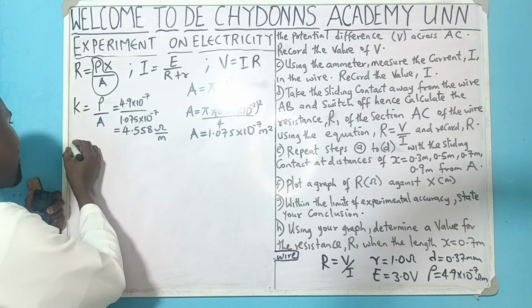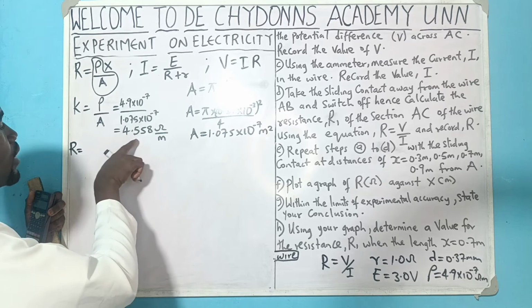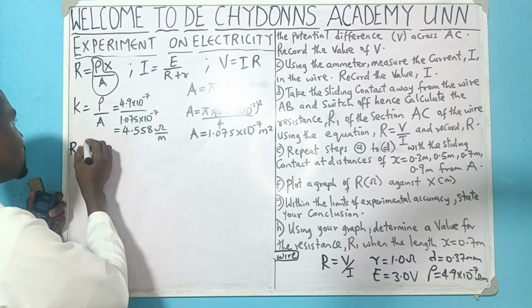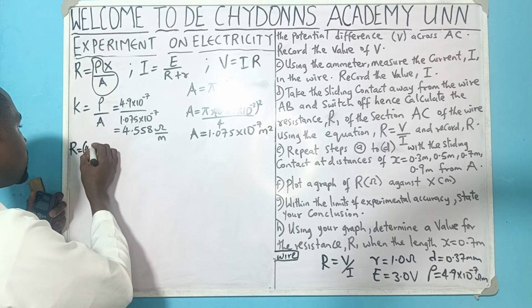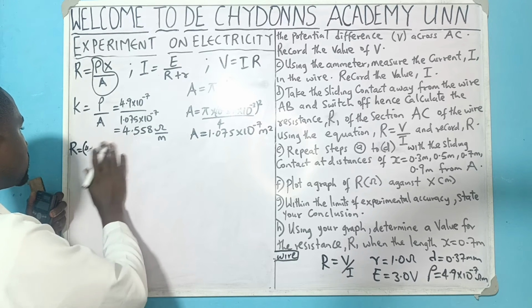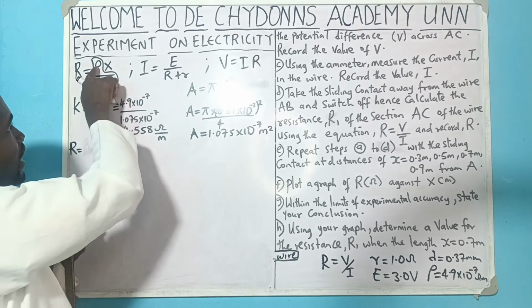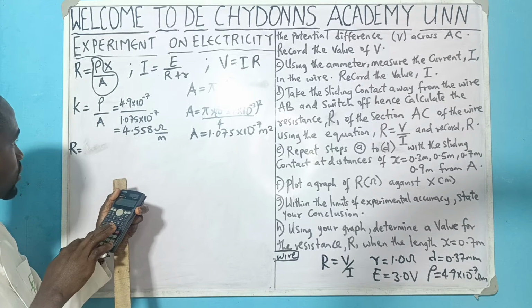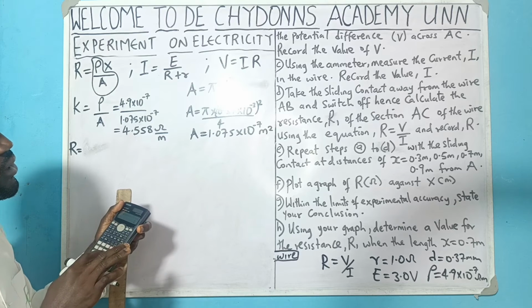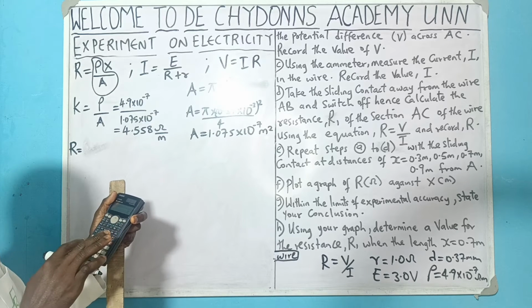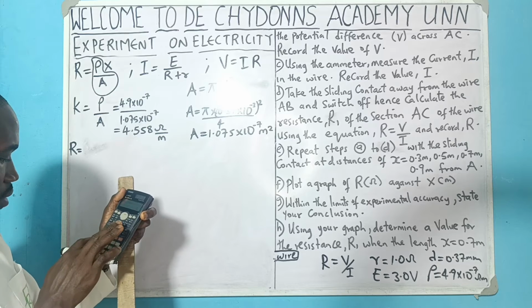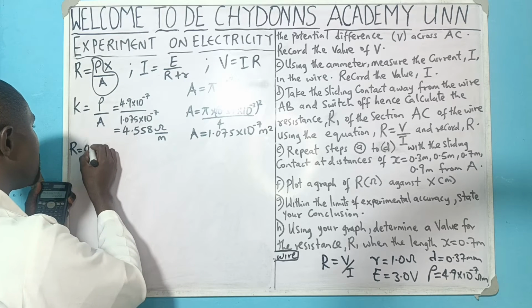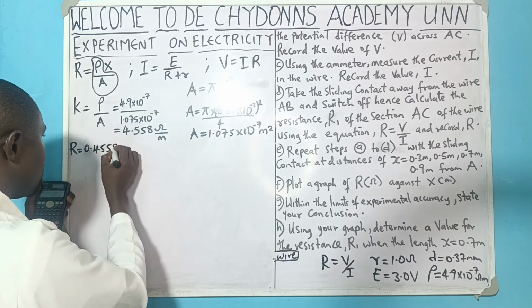So my R will be equal to K times X. For 0.1 meter, we say 0.1 times 4.558, which gives 0.4558.